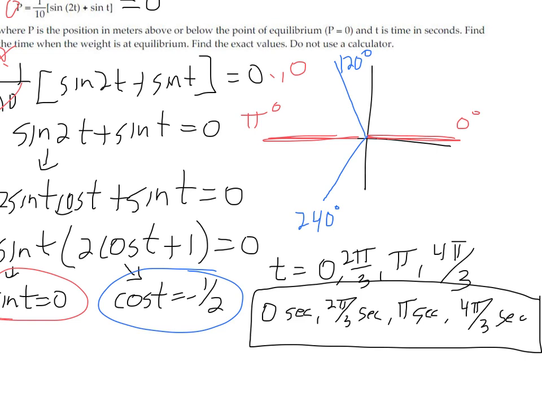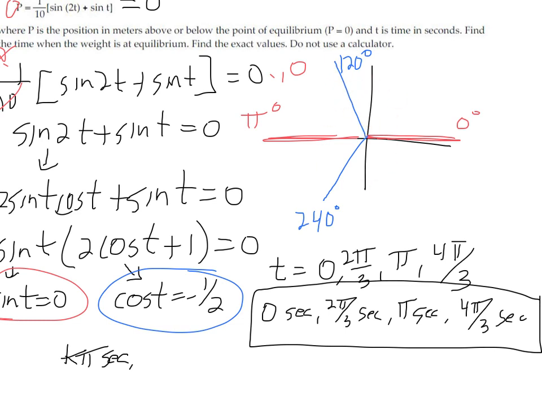This continues on forever. So we could also be a little bit smarter about this and recognize we could go 0 plus pi plus pi plus pi plus pi and get all the red ones over and over and over and over. That would be k pi seconds. With the blue one, the 120 or 2 pi thirds, we'd have to add a full circle to get back to another one that works consistently.